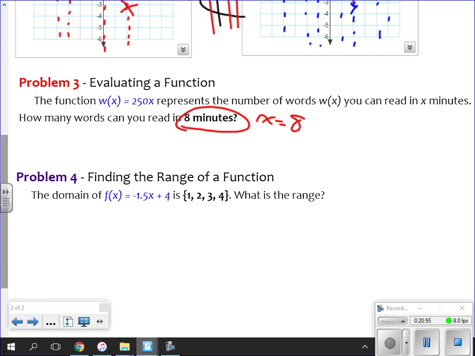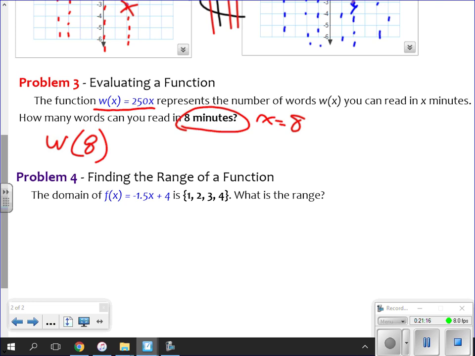I have the function W of X equals 250X. I want to know what it is when X is 8. I take X, replace it with 8. This is now, instead of W of X, W of 8.